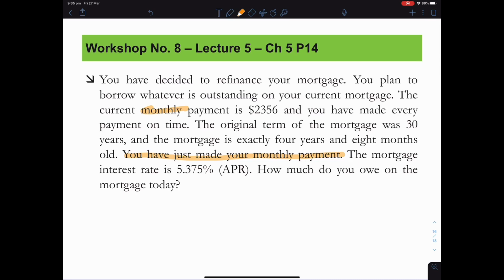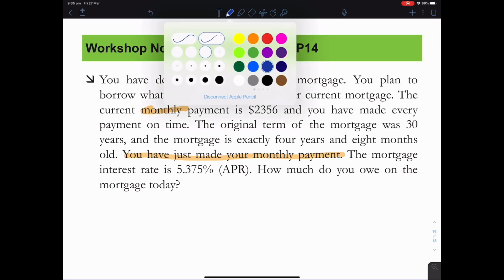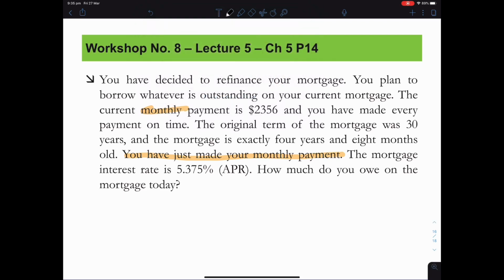How much do you owe on the mortgage today? So over here, let's draw a timeline like always. I guess the question here is saying there are 30 years of payment, so the last payment will be payment 360.